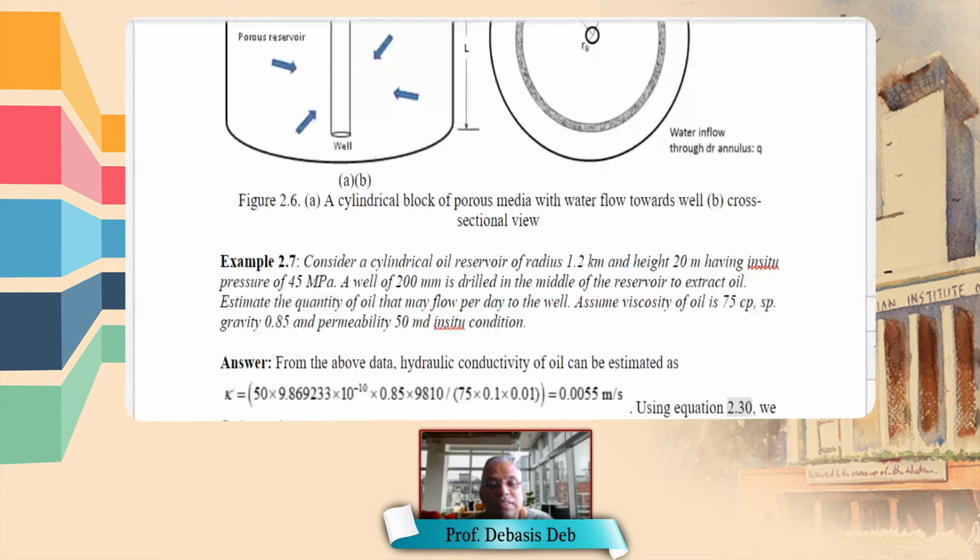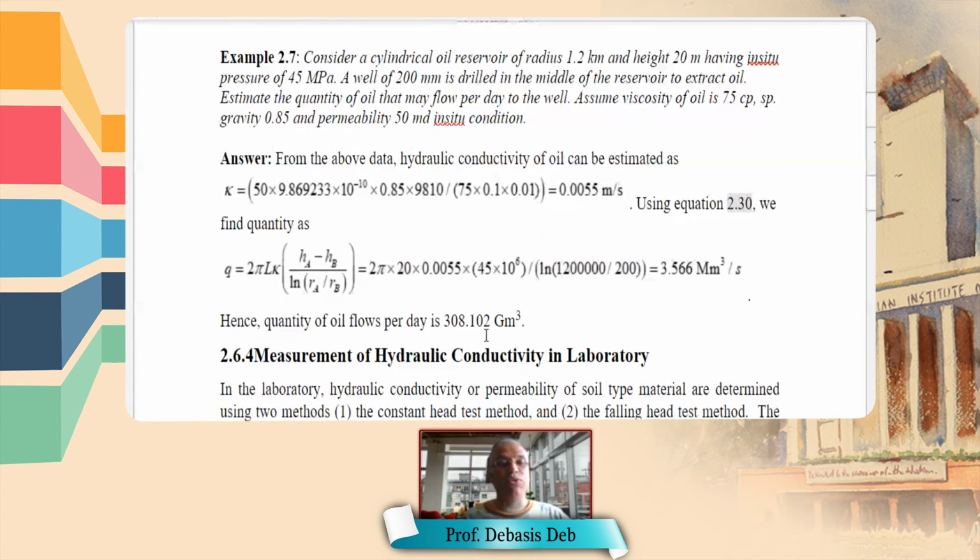Okay. So how do you find the conductivity? So the Q uses that formula: 2 pi L K into HA minus HB over ln RA by RB. Other than K, we already know everything.